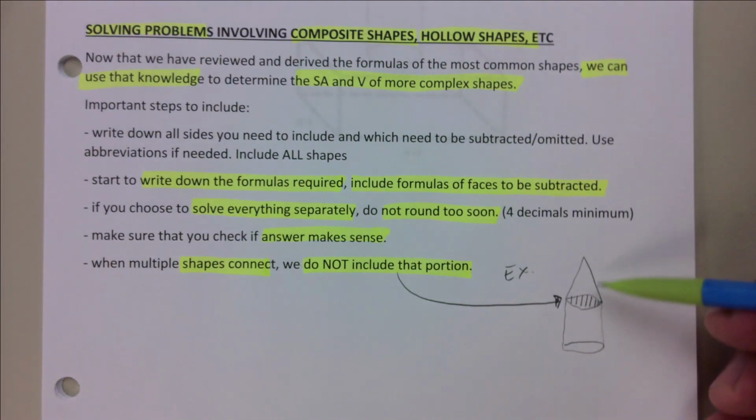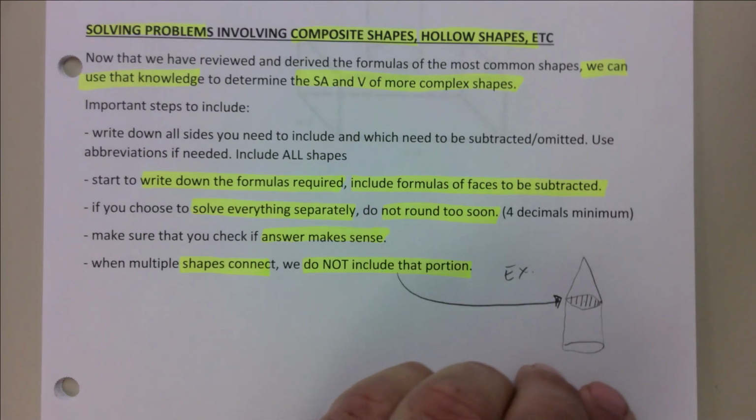You would not include that when you're finding the surface area of the cone, right, because it's not exposed. You would also not include it if you're dealing with the cylinder. This would have to be omitted, from both sides, both approaches. Okay, do not include that twice.